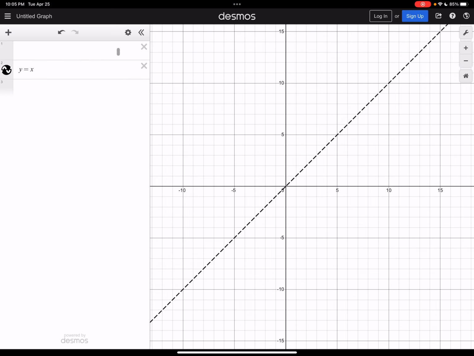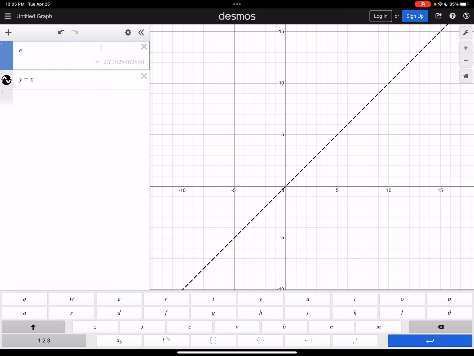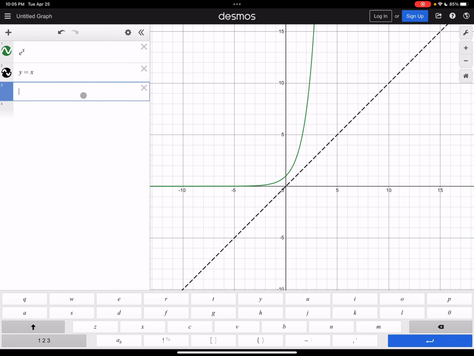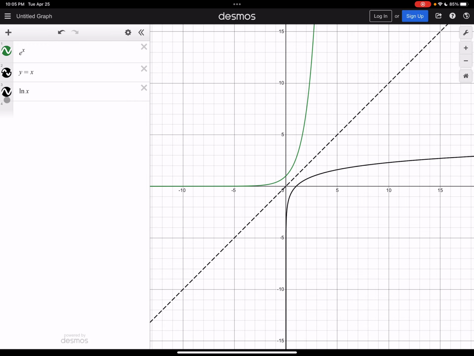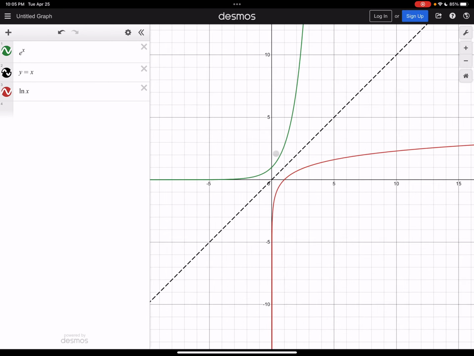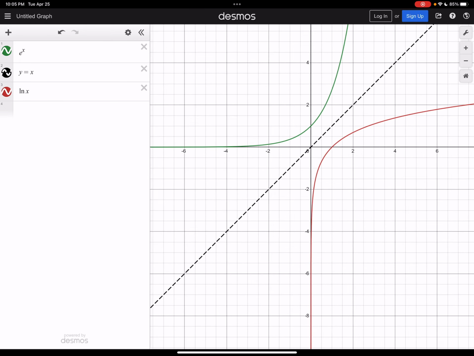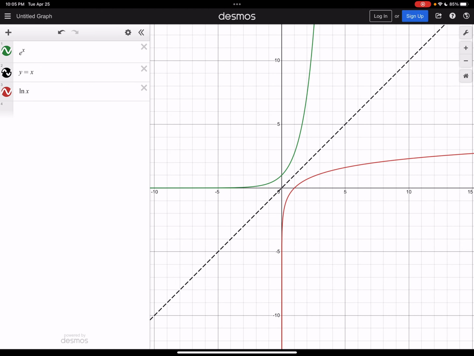And remember when we talked about e to the x, we said, well, what's the inverse function to e to the x? Well, it's log base e, right? But we call log base e natural log of x. And ta-da! You can see it there. They're directly mirrored over this graph.